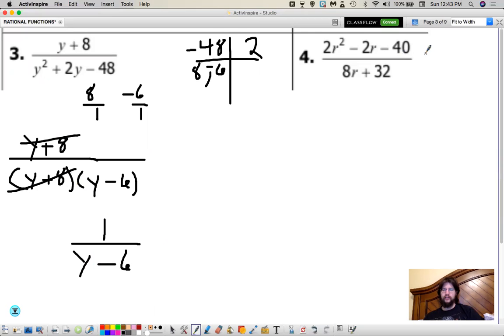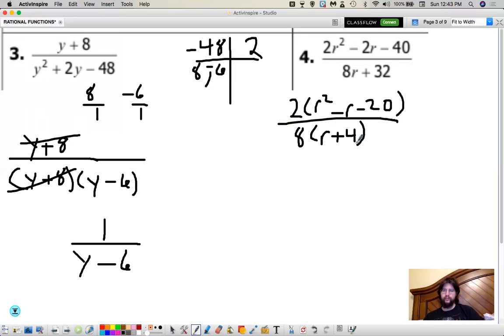Over here, let's do the GCF first. So 2 times r squared minus r minus 20. And then again, you can use the AC shortcut on this part. Over here, we have a GCF of 8, r plus 4. The AC shortcut would be looking at the trinomial after you factor out the GCF. Negative 20, to add up to negative 1. So that's a 4 and a 5. The 5 needs to be negative.